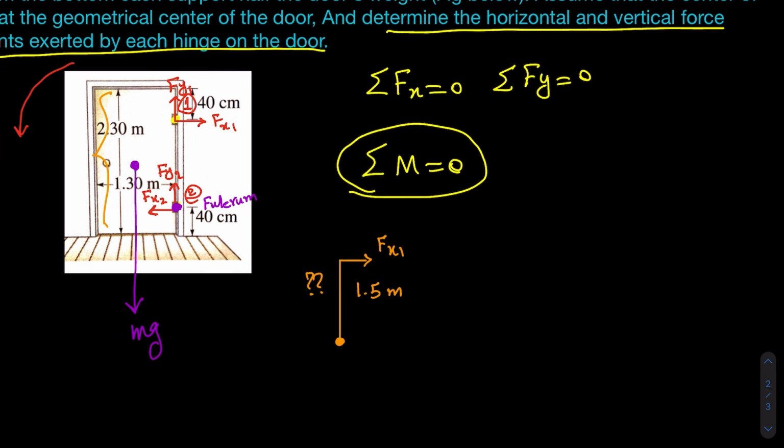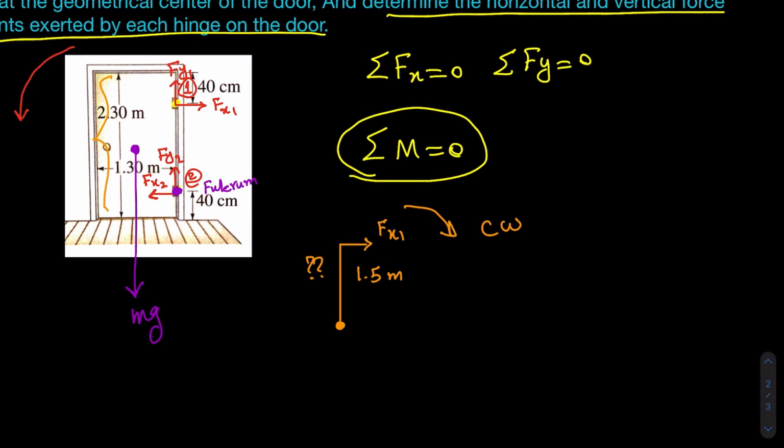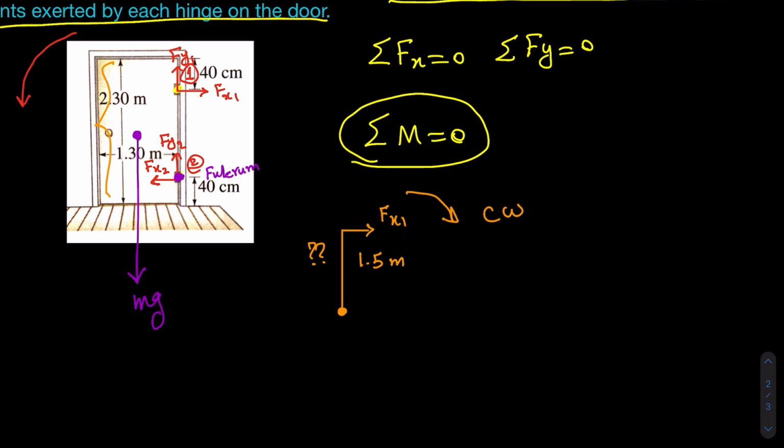This will create a clockwise turning effect, so the clockwise moment will be equal to 1.5 meters times fx1.